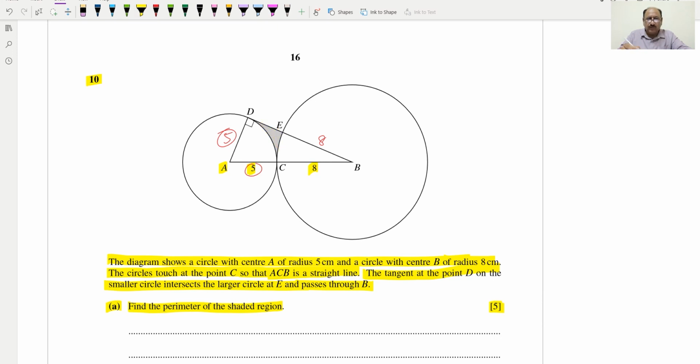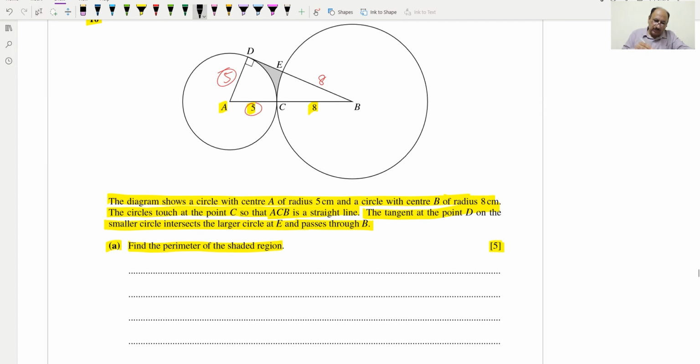Now what we will do, first of all, we will find the length of DE, and we can apply Pythagoras theorem. So AB squared is equal to AD squared plus BD squared. AB is 8 plus 5, which is 13, so 13 squared is equal to AD is 5, so 5 squared plus BD squared.